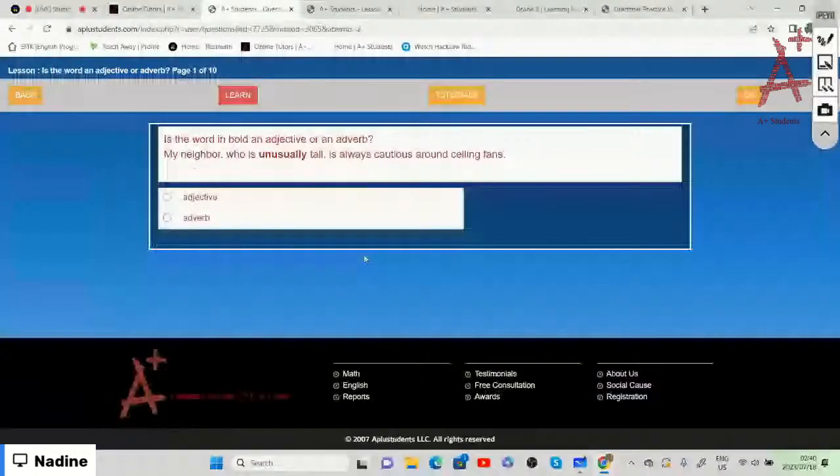We need to look at the word that is in bold, and then say if it is an adjective or an adverb. My neighbor, who is unusually tall, is always cautious around ceiling fans. So, unusually, right? Is it an adjective or is it an adverb?